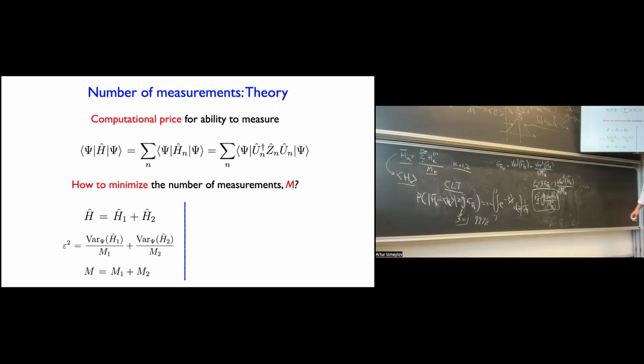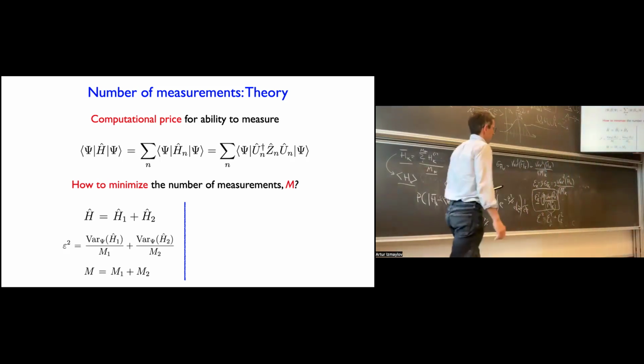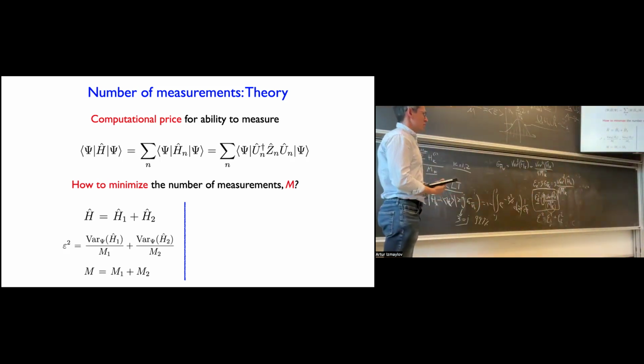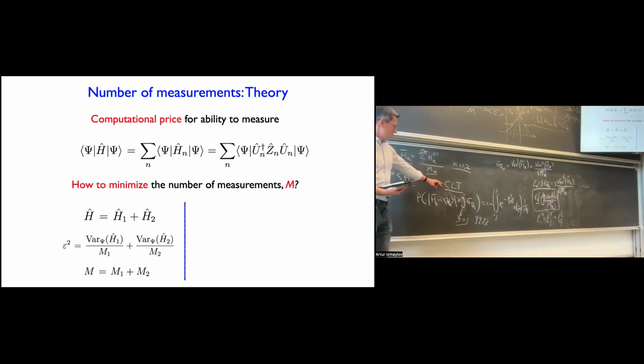Then the total epsilon squared is epsilon 1 squared plus epsilon 2 squared, since these are independent measurements of independent parts. That's how these formulas come into play. Now, the central limit theorem allows random variables, which these are, to come from any distribution.